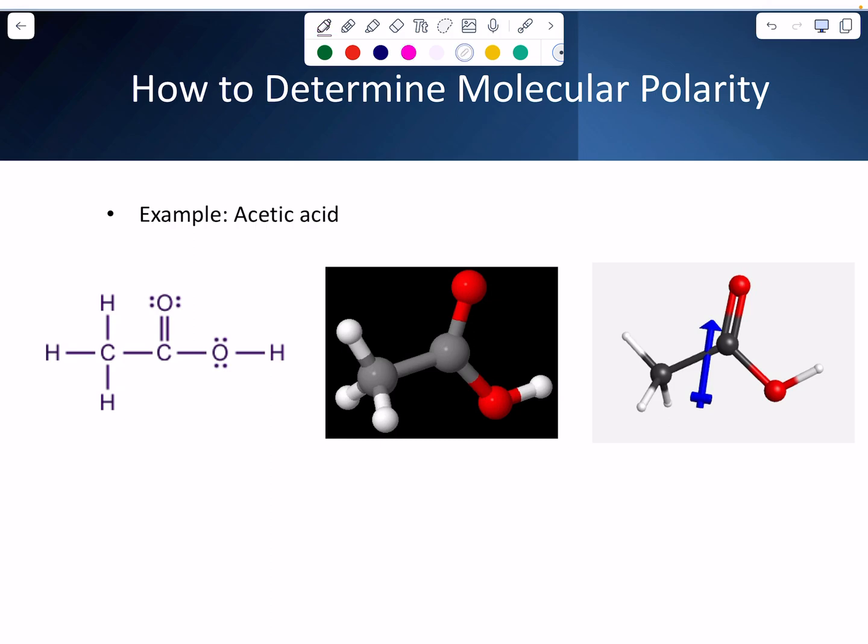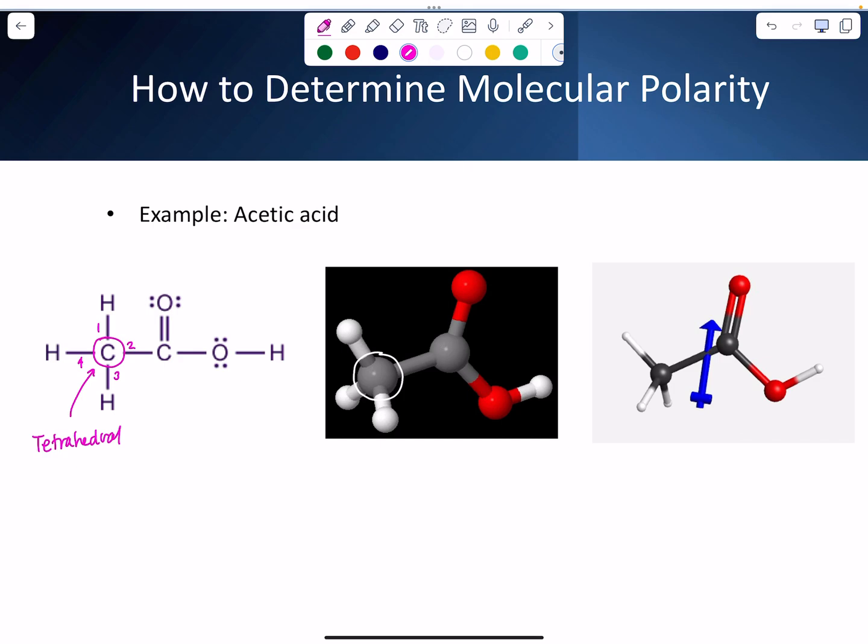So if we look at the carbon that's surrounded by hydrogens, we could figure out what the geometry is around that. So what is the geometry around that particular carbon atom? We've got a carbon attached to 1, 2, 3, 4 things, no lone pairs. So our geometry around that is going to be tetrahedral.